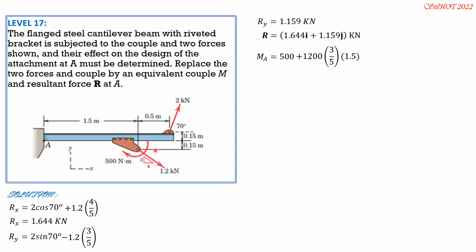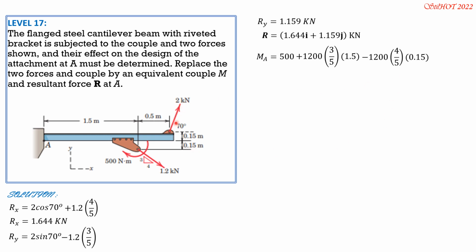The horizontal component is counterclockwise about A. This is point A, the bottom of the cantilever beam. So it is minus 1200 times 4 over 5, that's the horizontal component, then times 0.15.